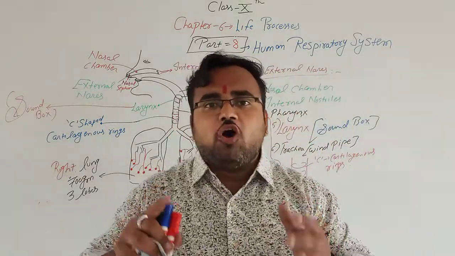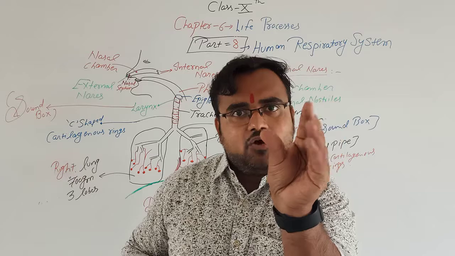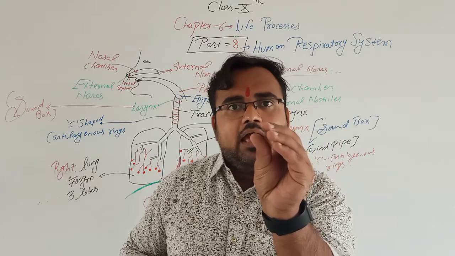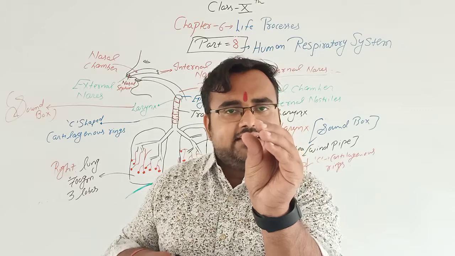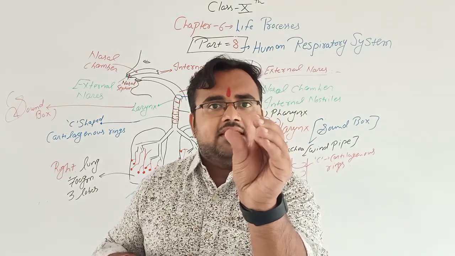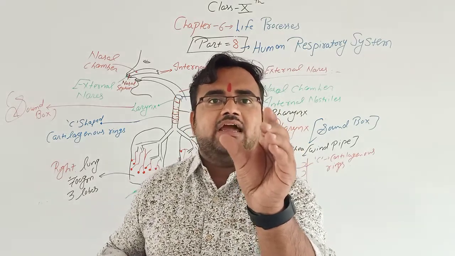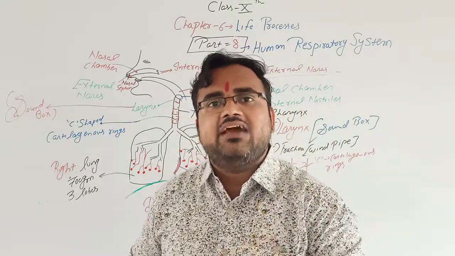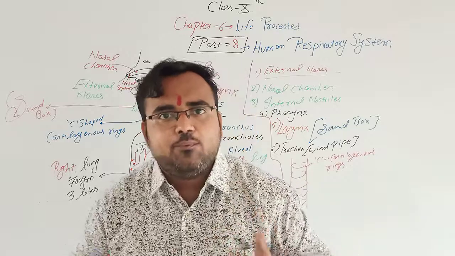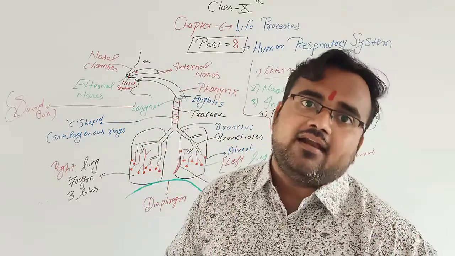When we stop breathing, our trachea will contract, and when we start breathing, the C-shaped cartilaginous rings again help the trachea regain its own shape.